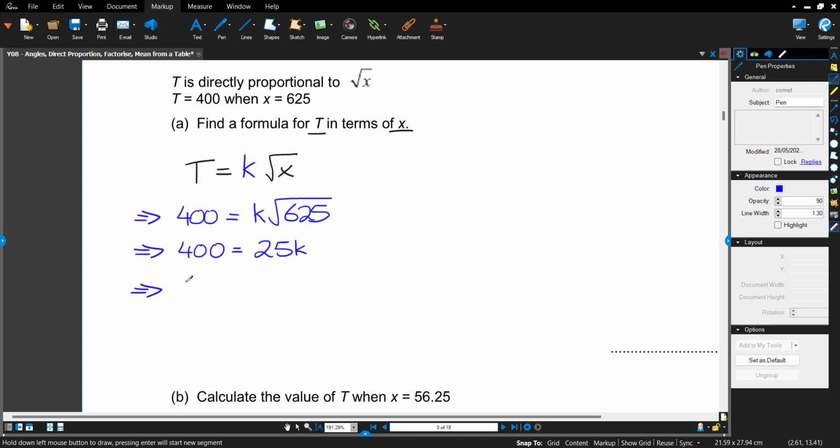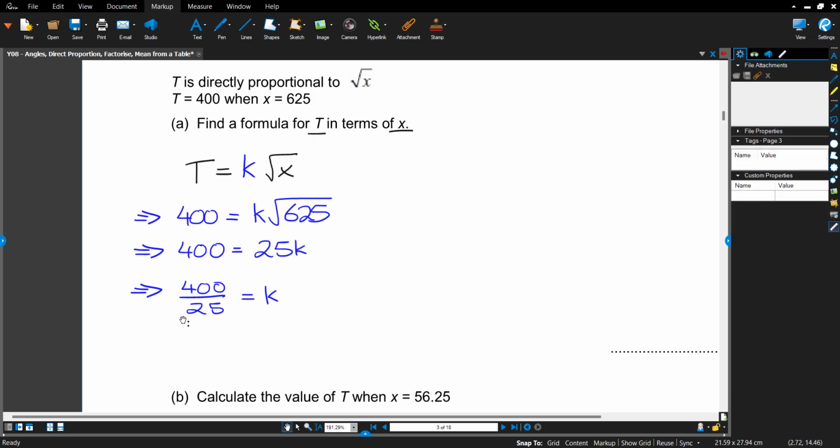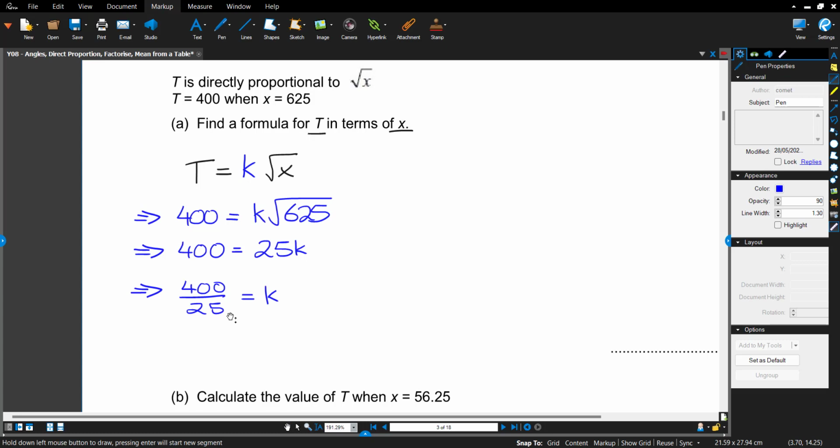So then you just say 400 over 25 equals k. Because we're multiplying by 25, to undo that, we just want k. We want to get rid of this. We only want k. So to get rid of multiply by 25, you divide by 25. So k is 16.